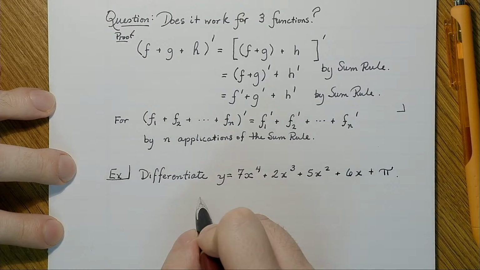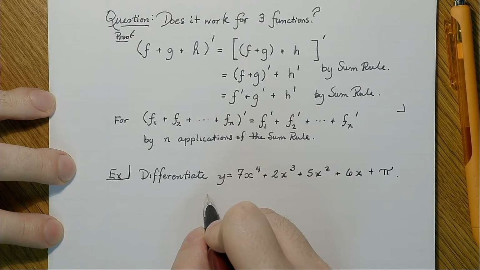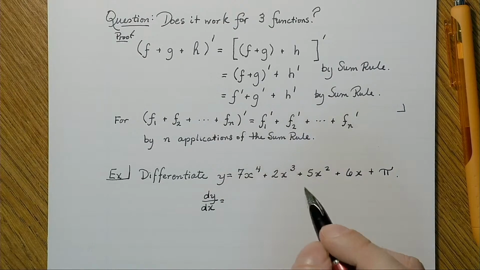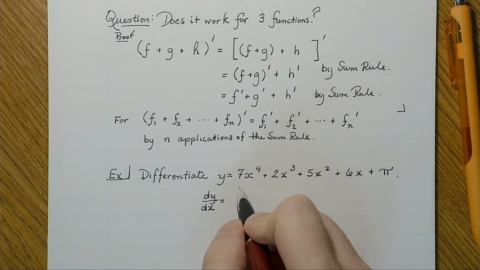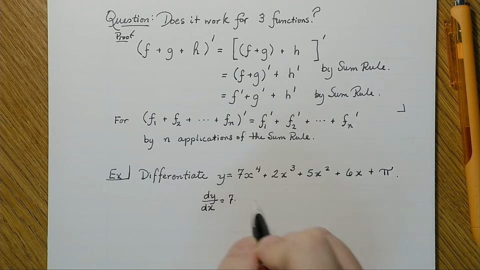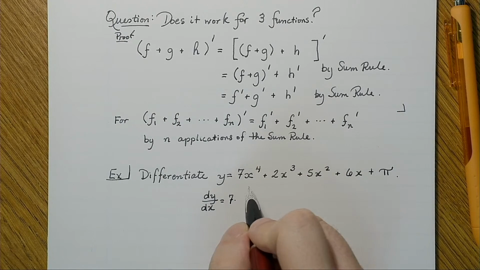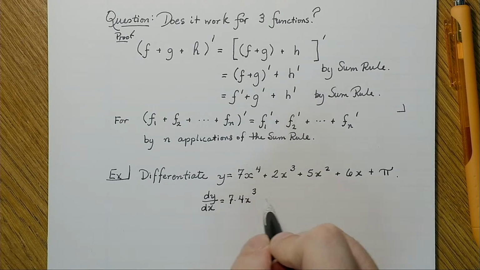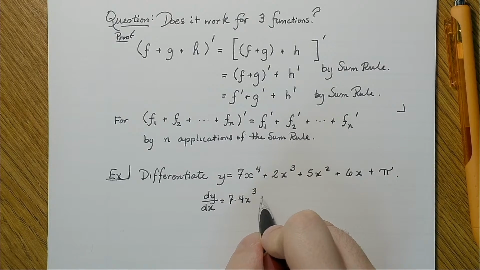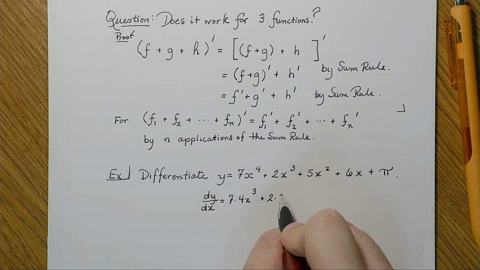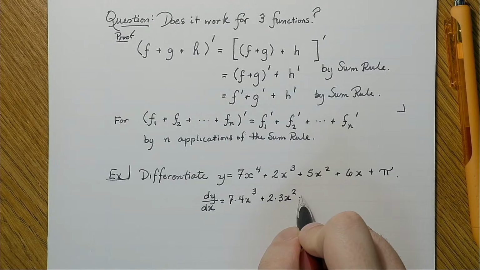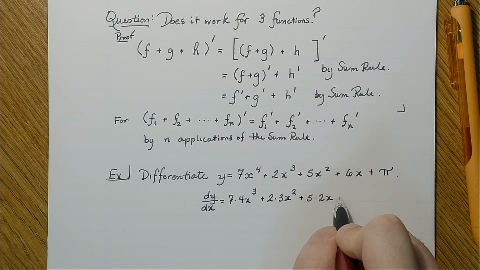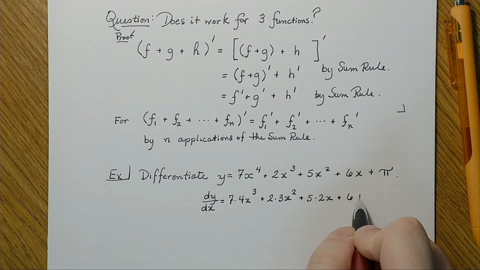So if we differentiate that, I have 7, that's my constant, and I bring the 4 down in front, x, drop it down by 1 for the exponent, plus 2 times 3x squared plus 5 times 2x plus 6 plus 0.